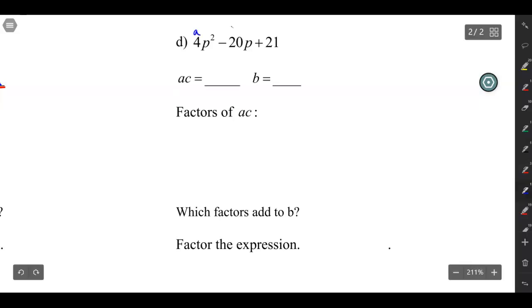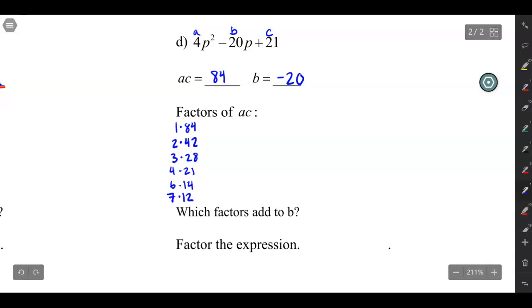So I have my A, B, and C. So A times C is 84, and B is negative 20. So the numbers that multiply to 84, I have 1 times 84, I have 2 times 42, I have 3 times 28, I have 4 times 21, I have 6 times 14, and I have 7 times 12.